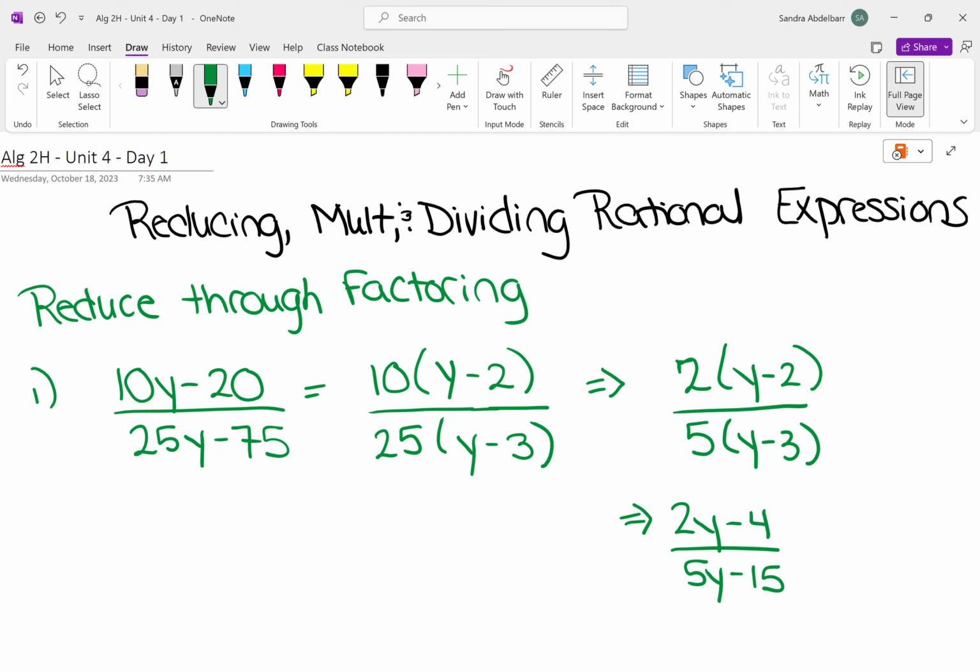Oops, sorry, 2y, yep. And I would accept either one of these, even though there is still a GCF that can be pulled out here and still a GCF that can be pulled out here, because nothing else will cancel, I will accept either one of these.